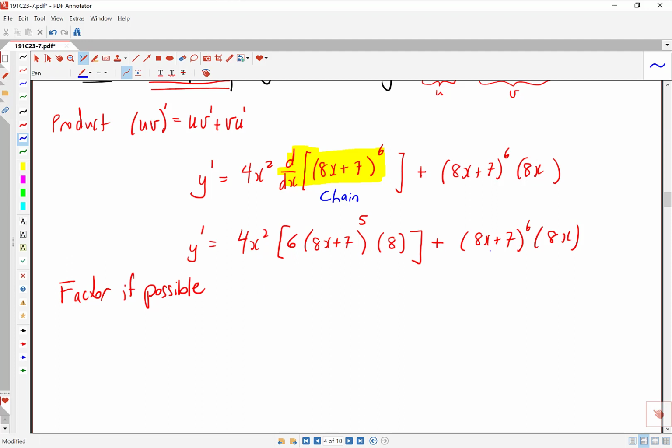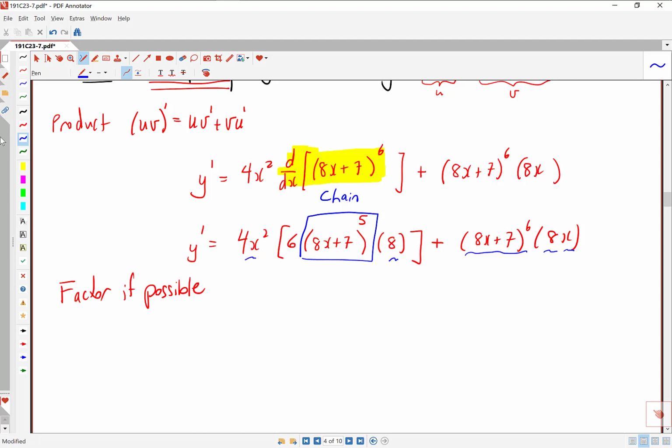So let's look at our two terms and figure out what our common factors could be. We could certainly take an (8x plus 7) to the 5th power out of both of these terms. We could take an 8 out of both of these terms, and we could take an x out of both of these terms.